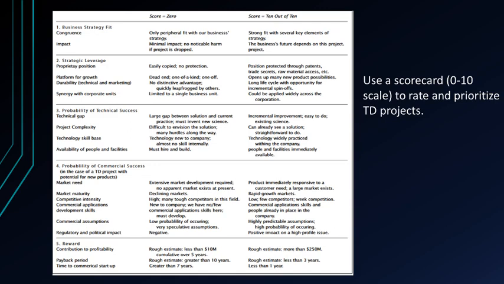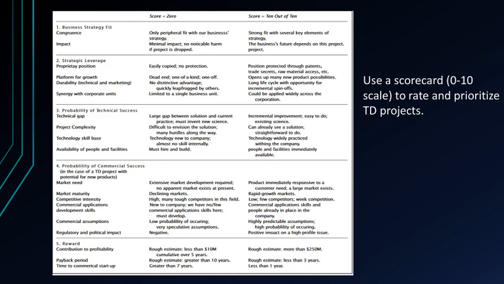Now a 0 score for market need: extensive market development required, no apparent market exists at present, whilst a 10 out of 10 score for market need: product immediately responsive to a customer need, a large market exists. A 0 score for market maturity: declining markets, or a 10 out of 10 score is the exact opposite, rapid growth markets. A 0 score for competitive intensity: high, many tough competitors in this field. A 10 out of 10 score: low, few competitors, weak competition.